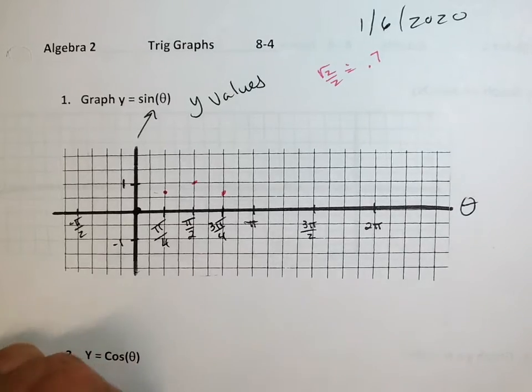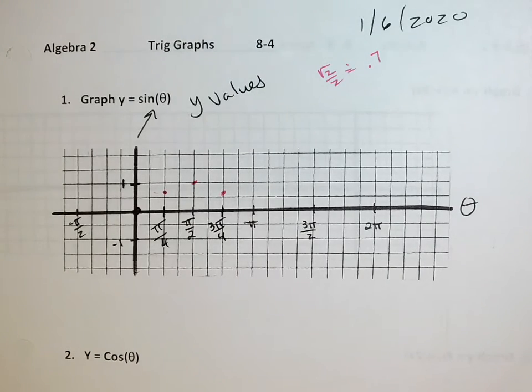All we're doing is taking our values here. 0 at 0 degrees. Pi fourths, the sine value is 0.7. Pi halves, the y value is 1. 3 pi fourths, the value is 0.7. And then if we go all the way down to pi, the y value is 0.